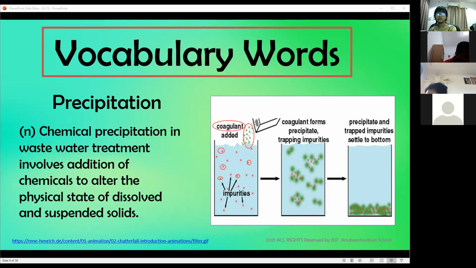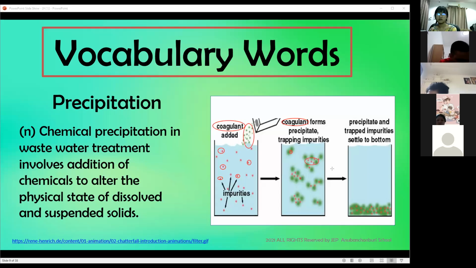Now, what happens next is that the coagulant will form a precipitate. So the pink one, can you see the pink one here? The pink one will be gathered together. It means they will form together and become a large particle.